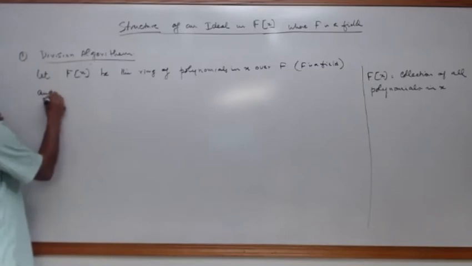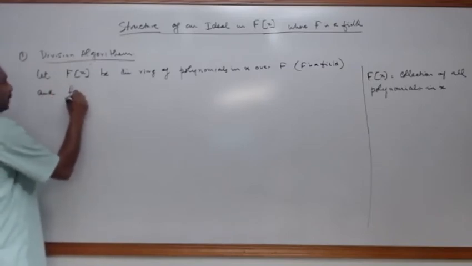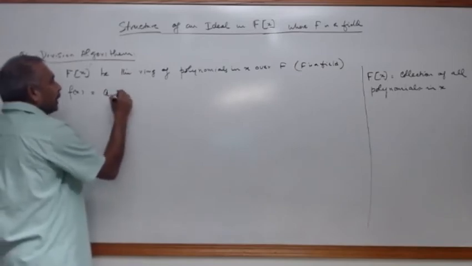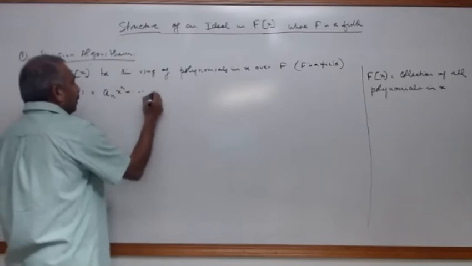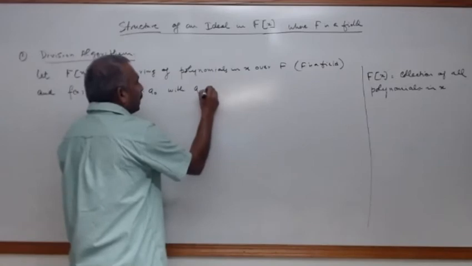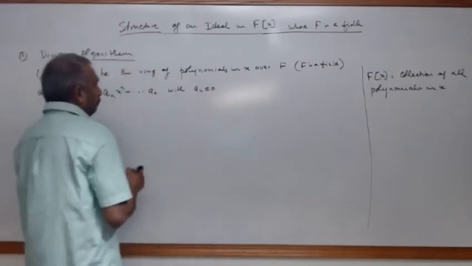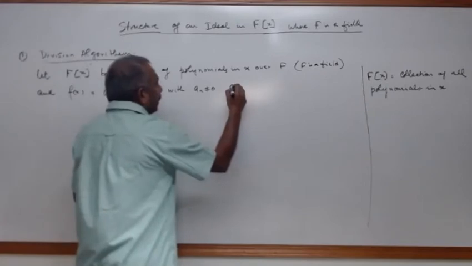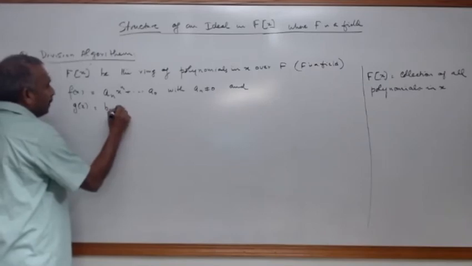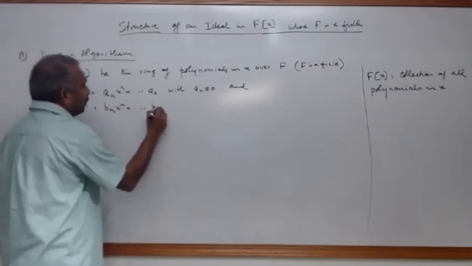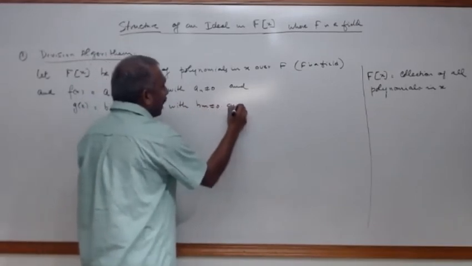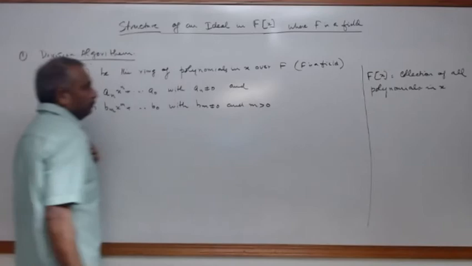And f of x is equal to an x to the power of n plus ... plus a0, with an not equal to 0, and g of x be bm x to the power of m plus ... plus b0, with bm not equal to 0 and m is greater than 0.